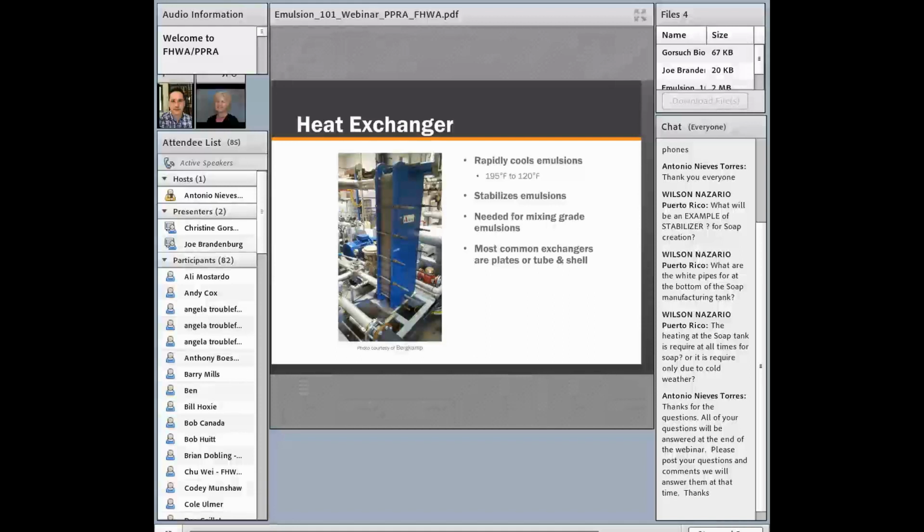So having a heat exchanger on hand or as part of the plant is in a lot of cases critical. Now I will say, from experience, that not every exchanger is the same, and not every exchanger plate is the same. Depending on what emulsion you're manufacturing, you may need to talk to the heat exchanger company.